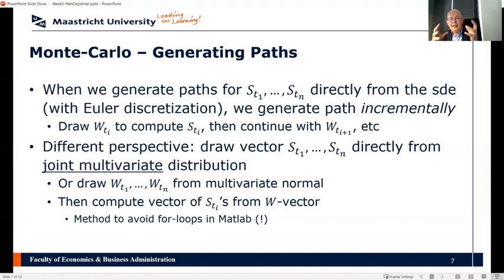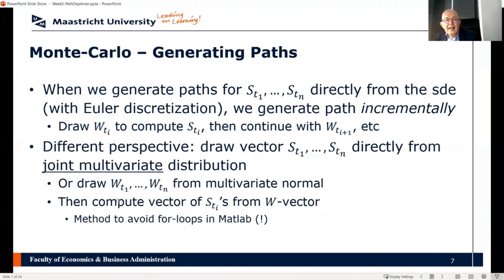Well, a path is a vector of random variables. And in many cases, when the underlying economy, like the Black-Scholes economy, is easy enough, I can draw the vector of values, not sequentially, but simultaneously from a joint multivariate distribution.